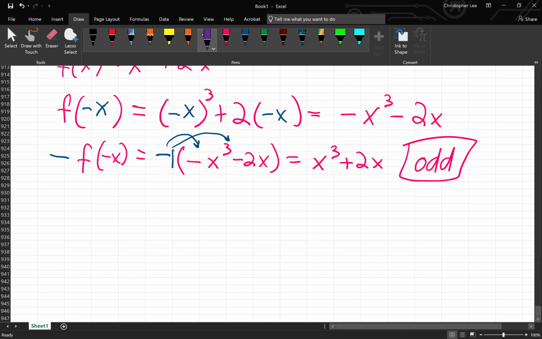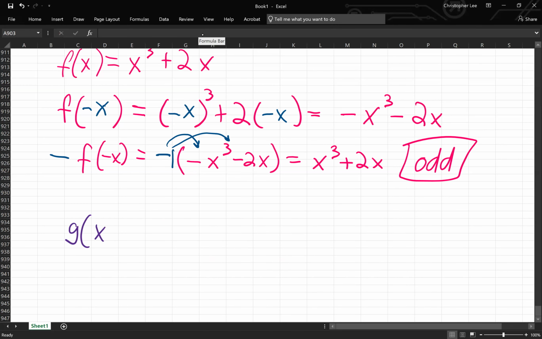What's a good letter in the alphabet? G. All right. Let's say that G of X is equal to 2 to the X power. I'm just making it up.